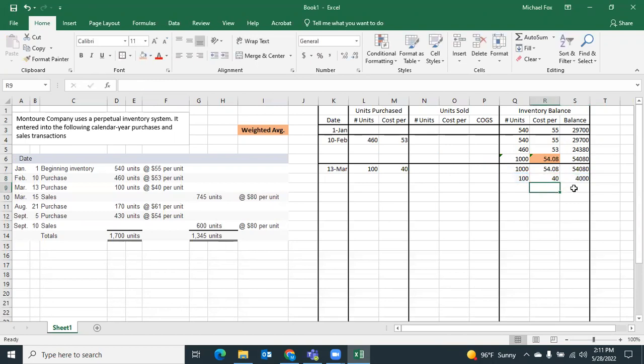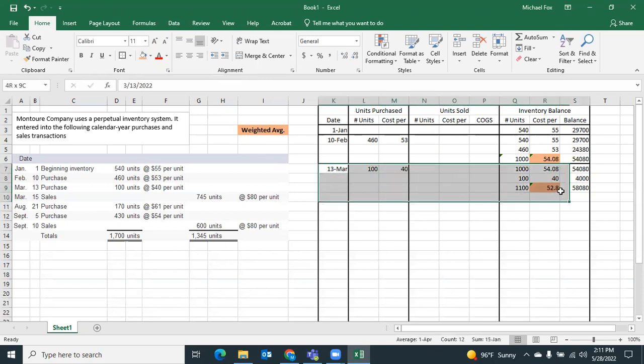Again, we'll find the total cost by adding those up, and the total number of units by adding those up. Then we'll find our average by taking the total cost divided by the total number of units. And now we can see our average cost drop down to $52.80 per unit.